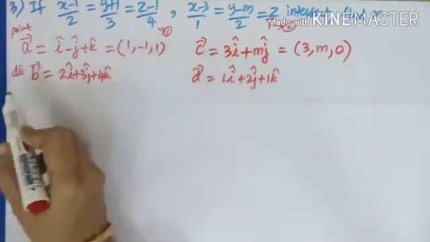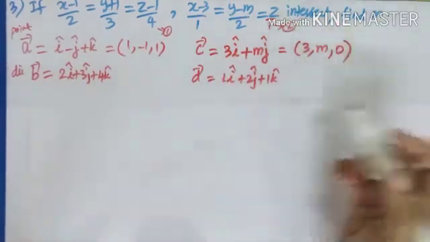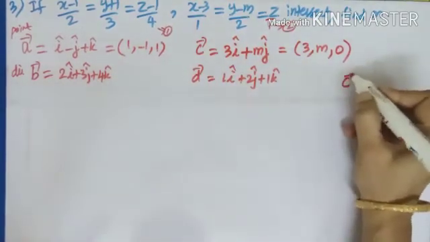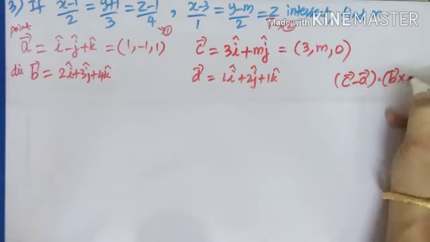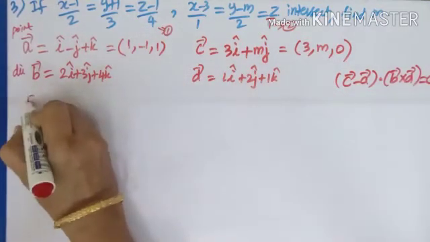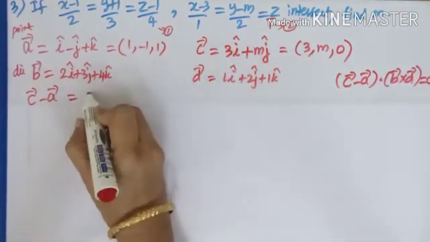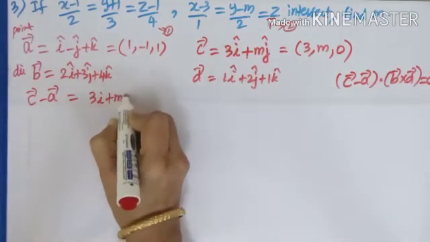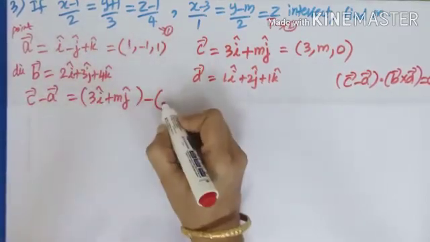Having known C, A, B, D, for intersecting, condition is C minus A dot B cross D equals to 0. So let me find out what is C minus A. What is C minus A? 3i plus mj minus, what is A vector?